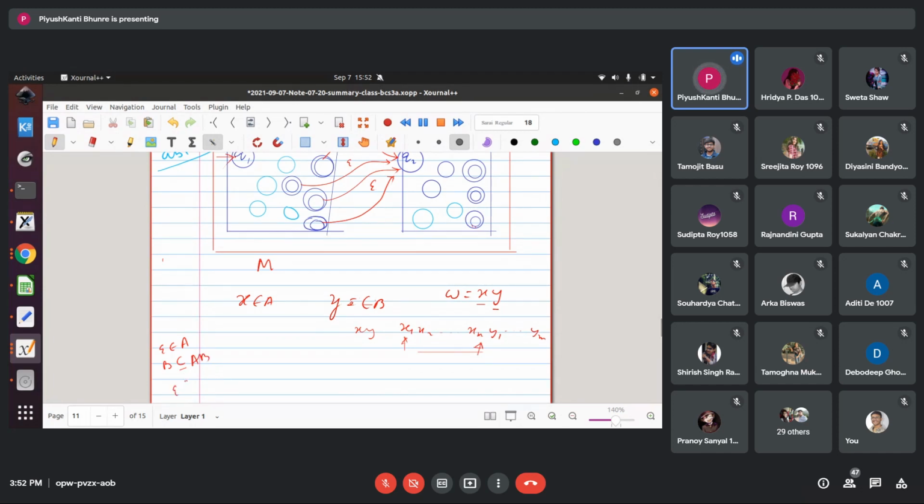If epsilon belongs to B, then A is a subset of AB.